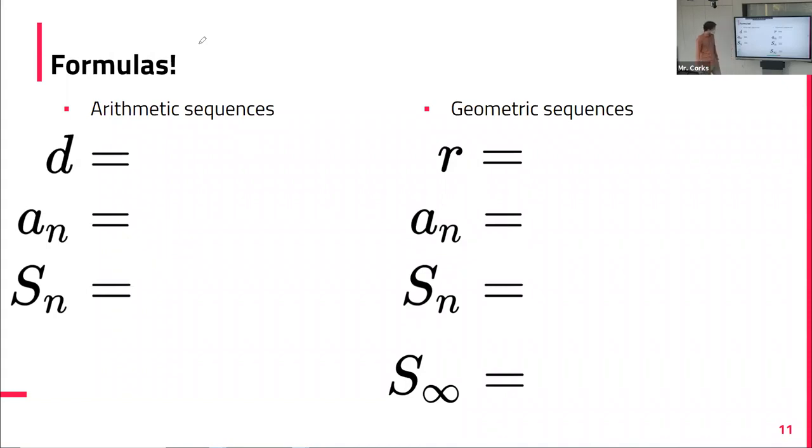It's 2 minutes. If you know the formulas well, that should be plenty of time to write them down. Let's start here. Arithmetic sequence general term.